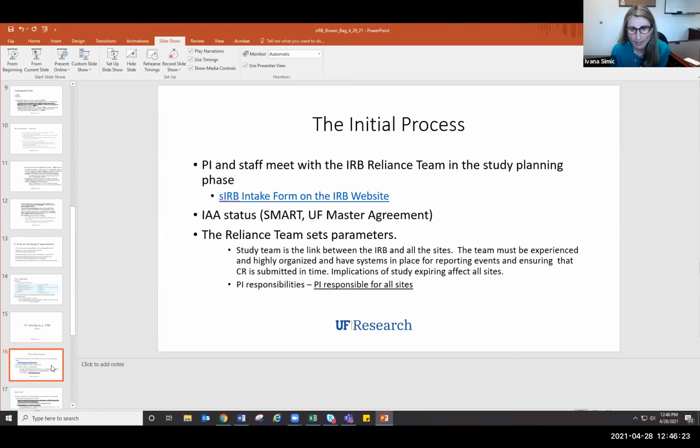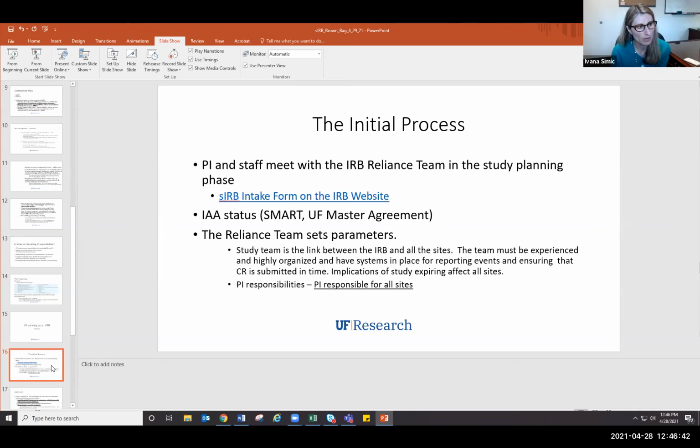So in order to be proactive, we have instituted this, and when we get that email, we reach out to the PI if we haven't met with them already, and we relay to them the requirement that the PI meets with the IRB reliance team so that we can start the planning phase.